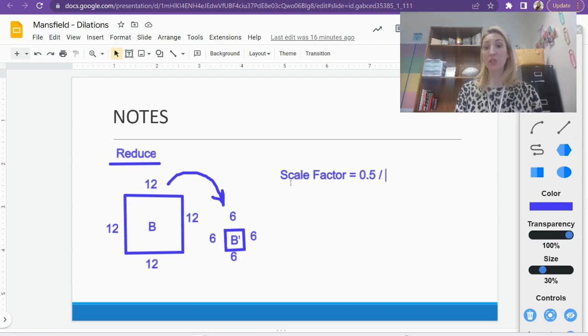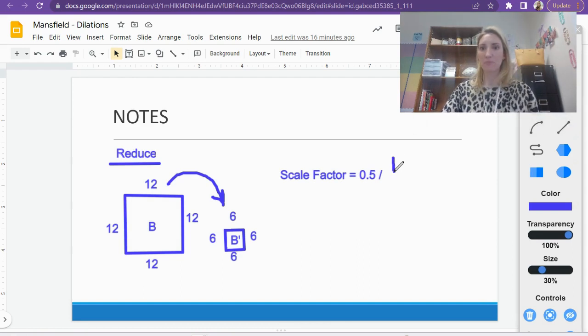Or, of course, I can use it as a fraction as well, 1 over 2. You see what I mean? So the scale factor can be a decimal or a fraction. The scale factor is 0.5 or 1 over 2 because I'm multiplying by half.